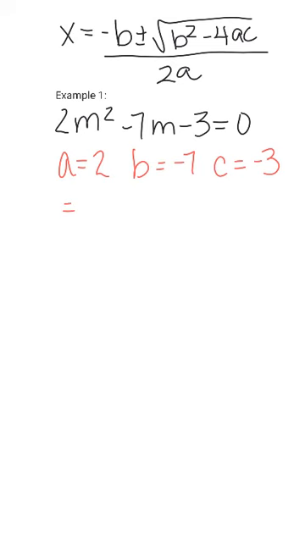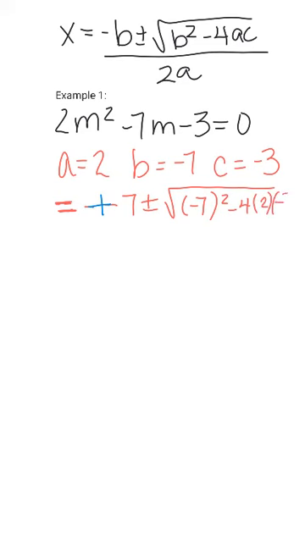Okay, so your formula says x equals negative b, so a negative 7 would really be a positive 7, plus or minus the square root of b squared, so negative 7 squared, minus 4 times a, which is 2, times c, which is negative 3, all over 2a, and a is 2.